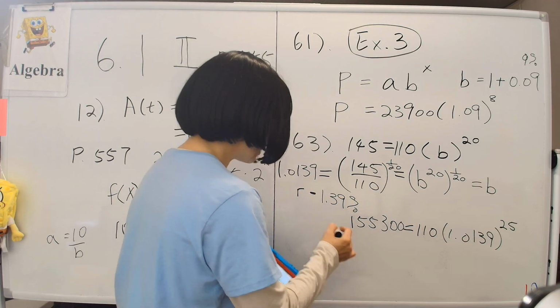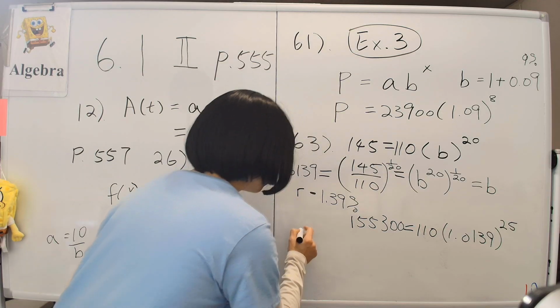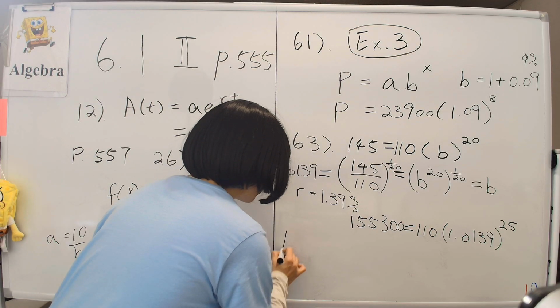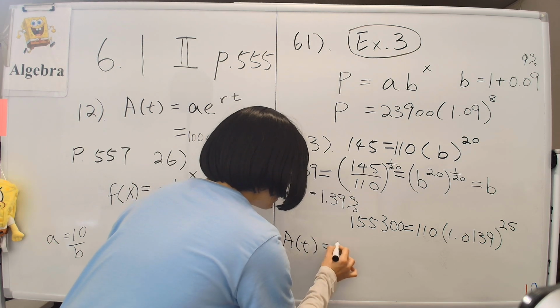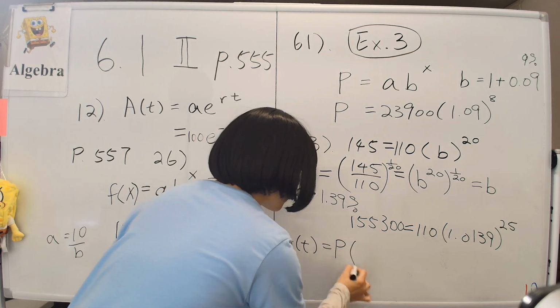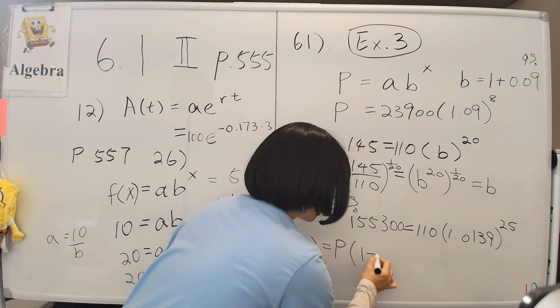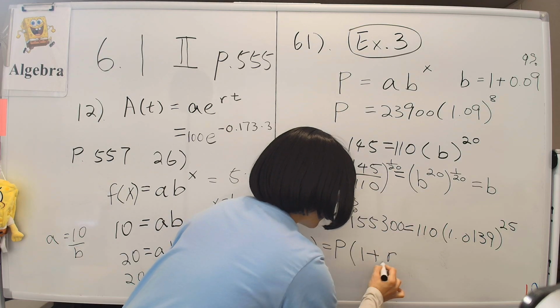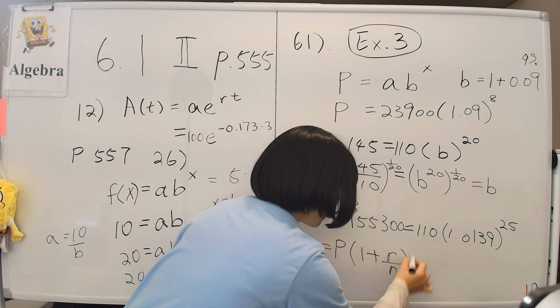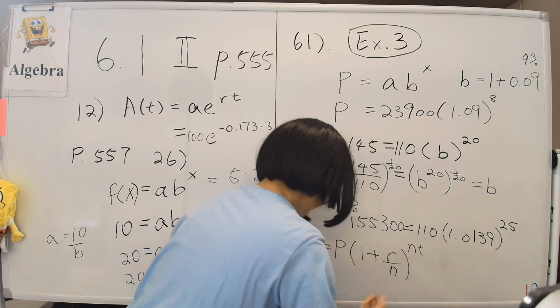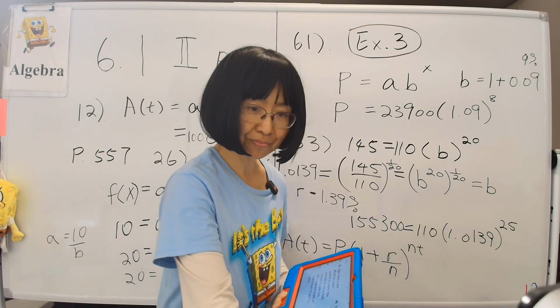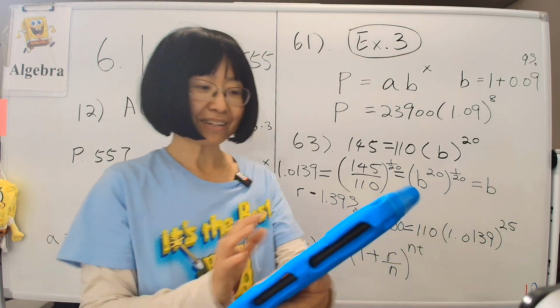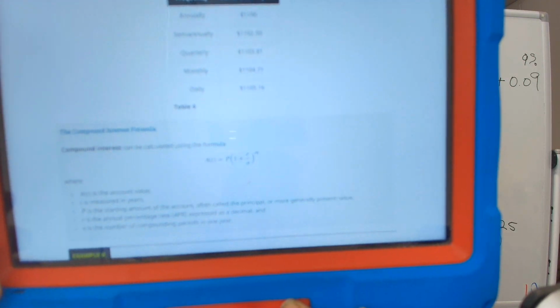The formula says the total amount equals the principal times 1 plus R over N, raised to the power NT. I believe that is the formula. Let me look it up for you. Yeah, right here, I got it exactly right.